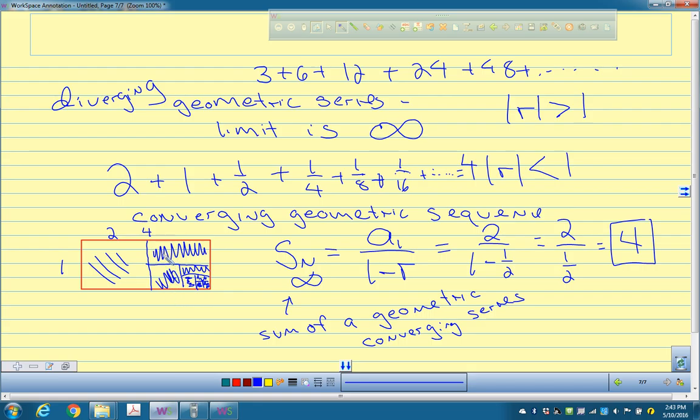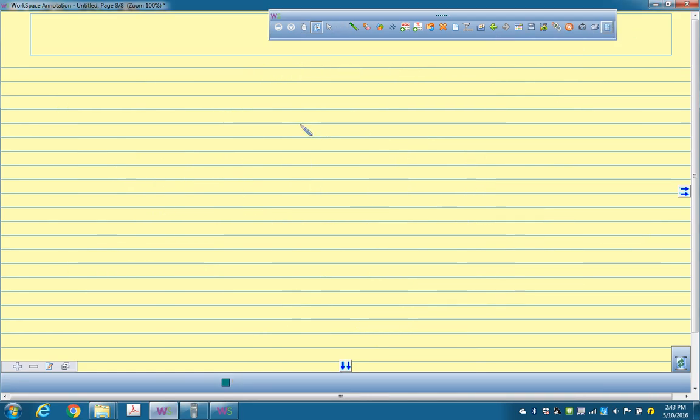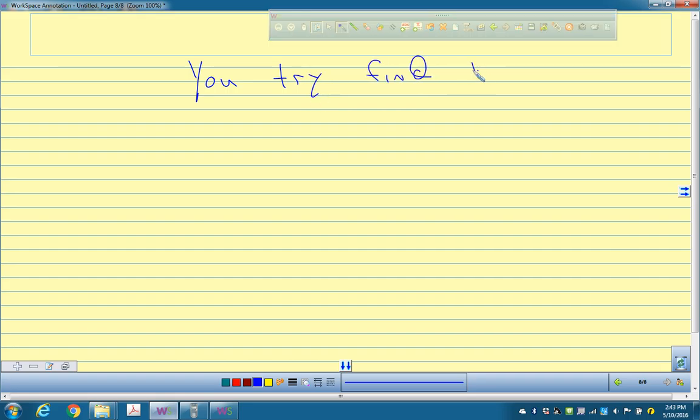Let's do a you-try, last one. Find the sum. We're going to start with 3, then go to 1, then 1/3, then 1/9, plus dot dot dot forever.